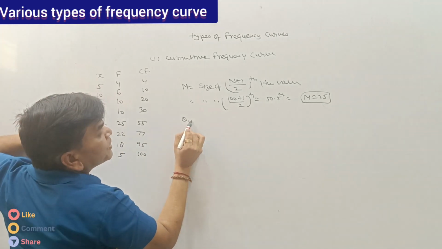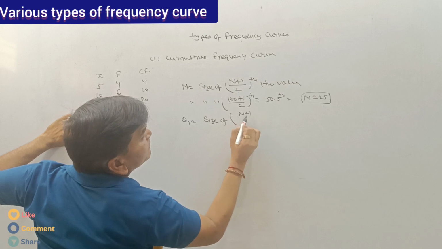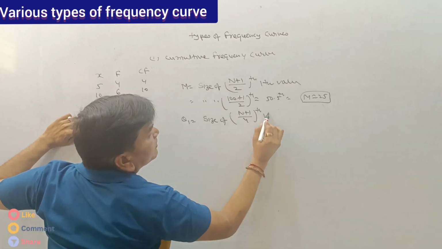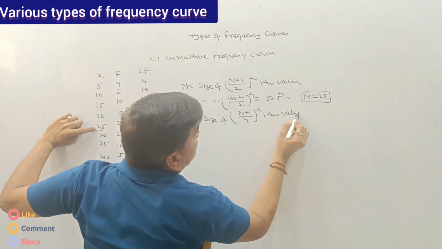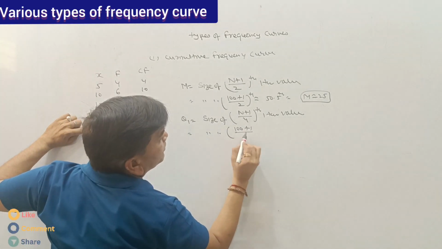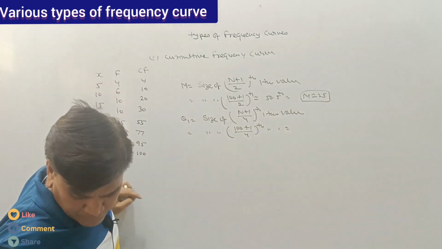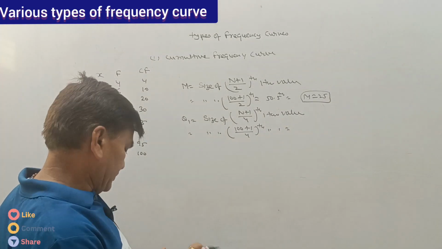If we were to calculate Q1, that is the size of (n plus 1) upon 4th item value, then this will be the size of (100 plus 1) upon 4th item value. So 101 divided by 4.